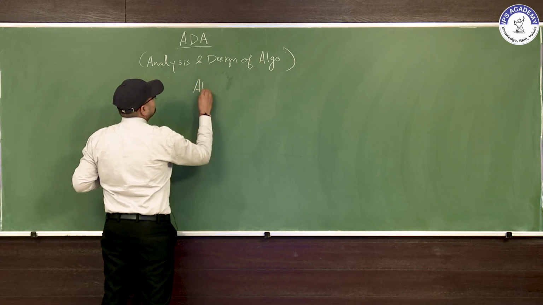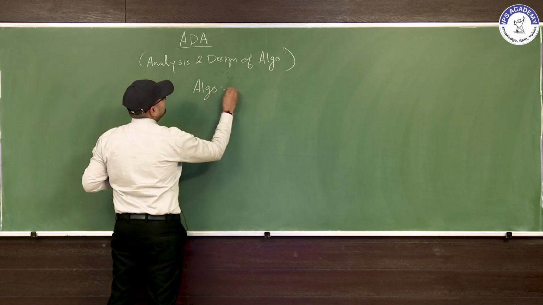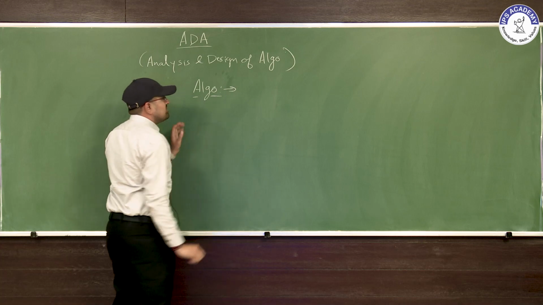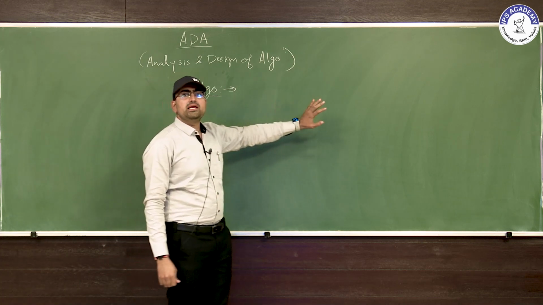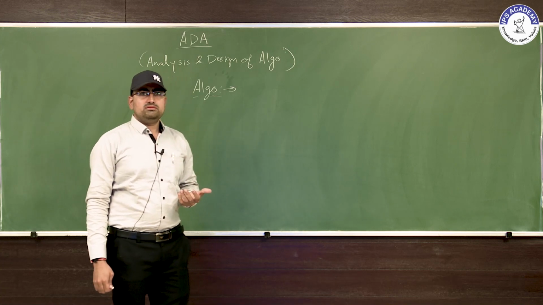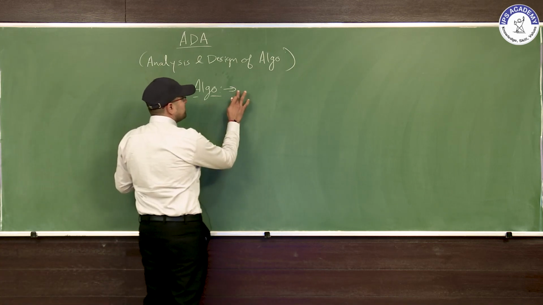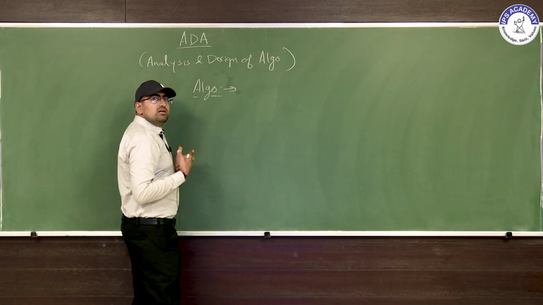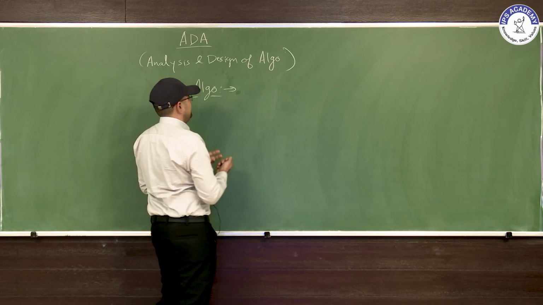What is algorithm? So algorithm is nothing but the sequence of steps to be followed to complete a particular task, right? Or to complete a particular work you have been given, right?